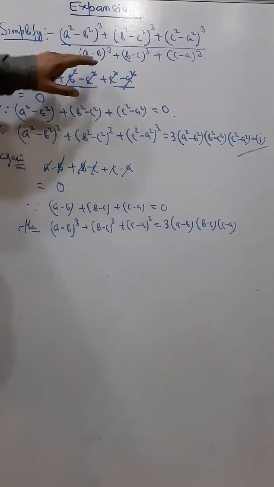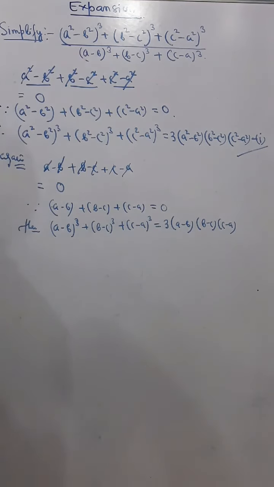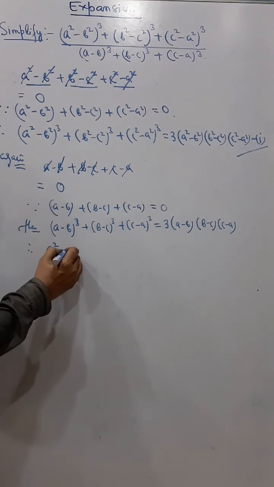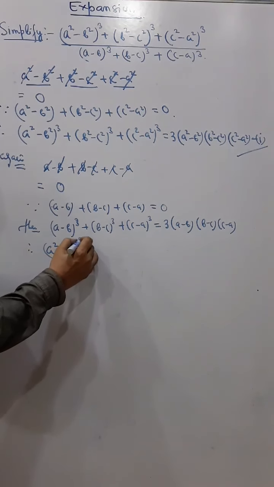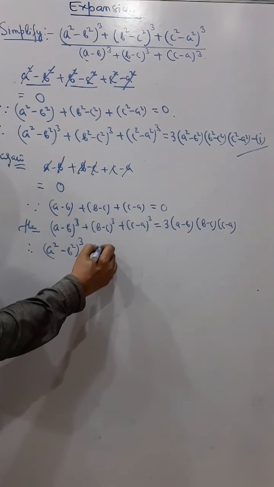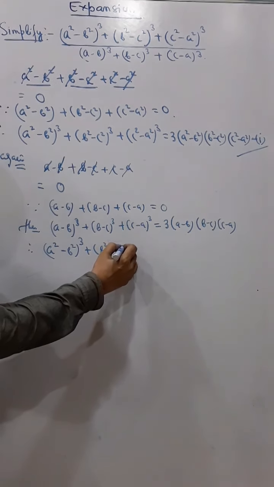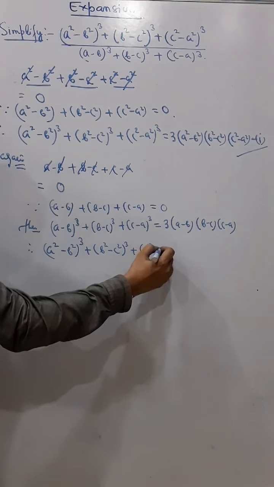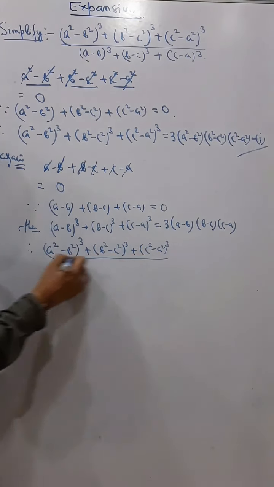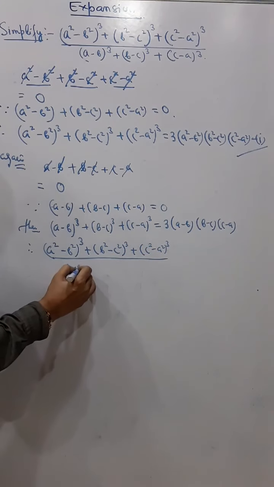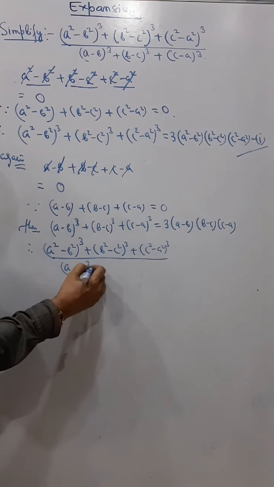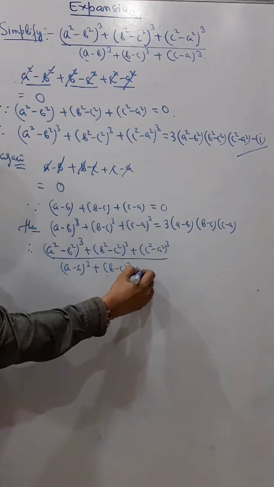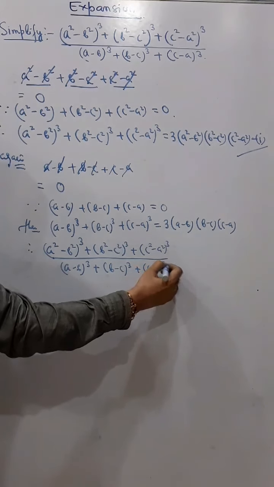Now we will put this value in the main sum. So now I'll write the question again: (a square minus b square) whole cube plus (b square minus c square) whole cube plus (c square minus a square) whole cube, by (a minus b) whole cube plus (b minus c) whole cube plus (c minus a) whole cube.